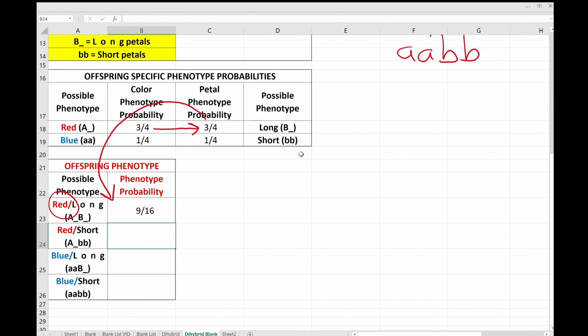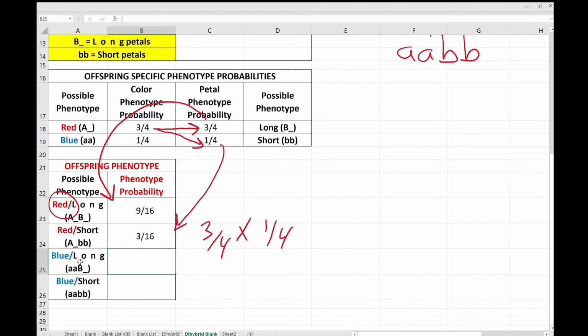So what do you think is going to happen for red and short? Well, what's the probability of getting red? 3/4 and short petals, 1/4. So I'll hit equals this times this. Enter. 3/16. And that goes there.